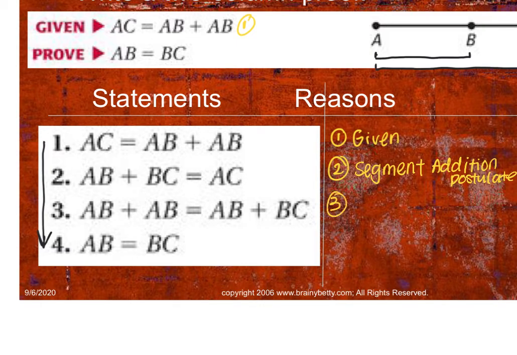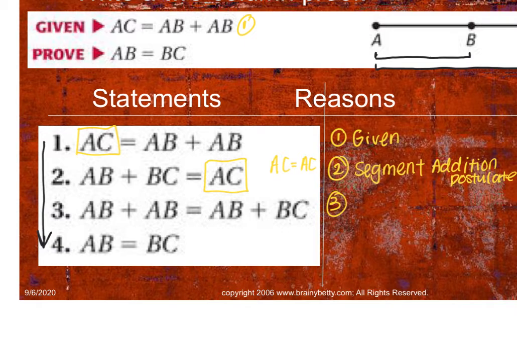Step 3, so all they did here was they took, since this AC is AB plus BC, and this AC is AB plus AB, they set both of those equal to each other because AC does in fact equal AC by the reflexive property.